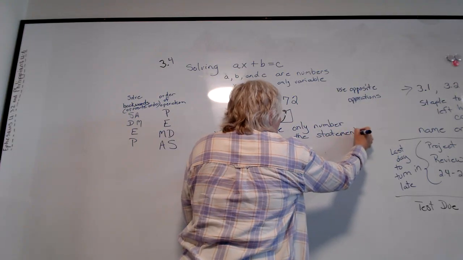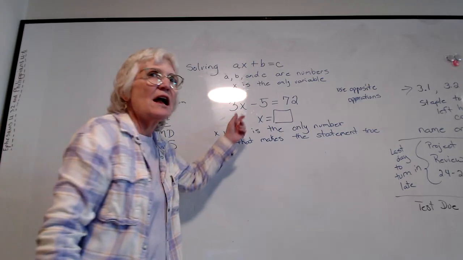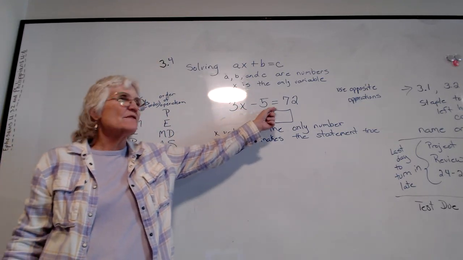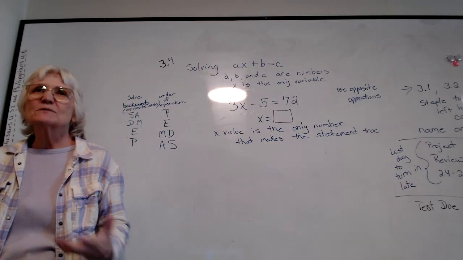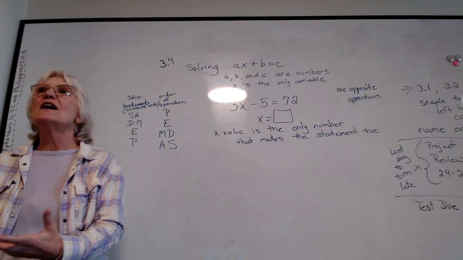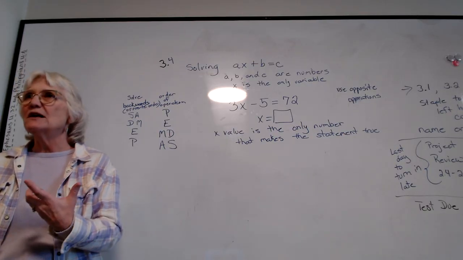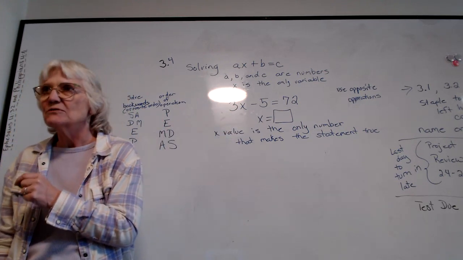Because there are not several answers. I can't take several different numbers, multiply them by 3, subtract 5, and get 72. There's only one number that I can multiply by 3, subtract 5 and get 72. There's not a whole bunch of them, there's only one. So the one we're trying to find is the one that makes it true.